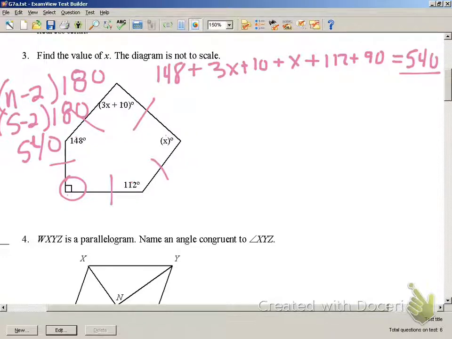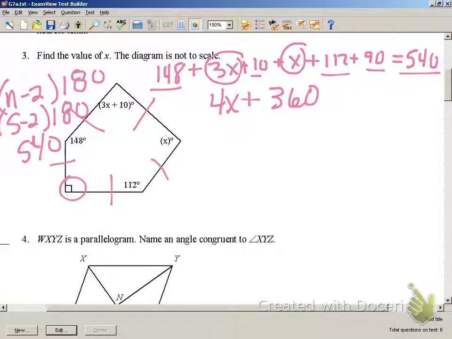So now we simply do our order of operations for solving an equation. We set it up and solve. So I have 148 plus 10 plus 112 plus 90. So that gives us 360. And I have 3x and x, which is 4x. So 4x plus 360 equals 540.